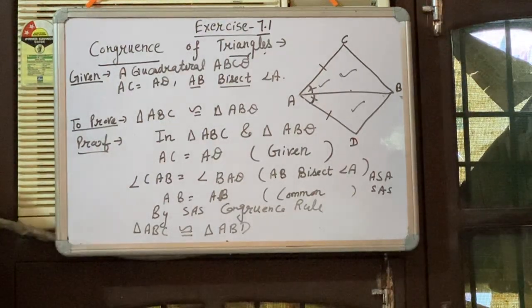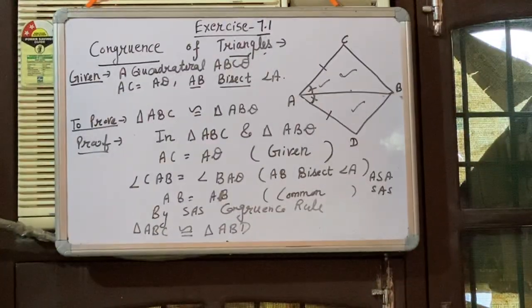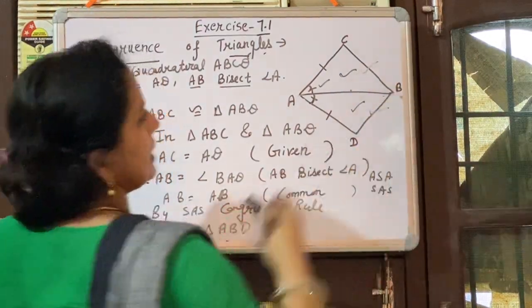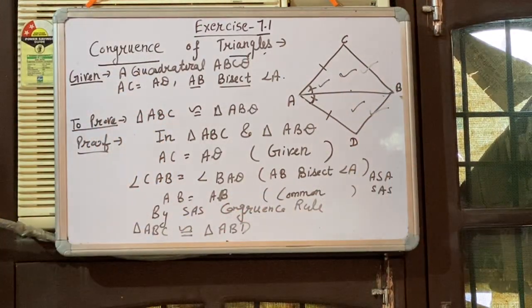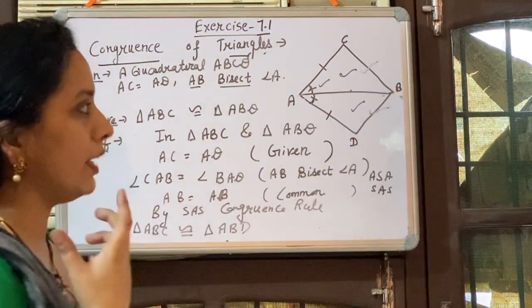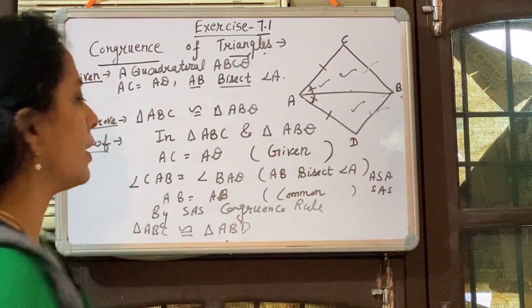In addition, you have to show one more condition, that is BC and BD. What about BC and BD? You are asked in this question whether these two sides are equal or not.